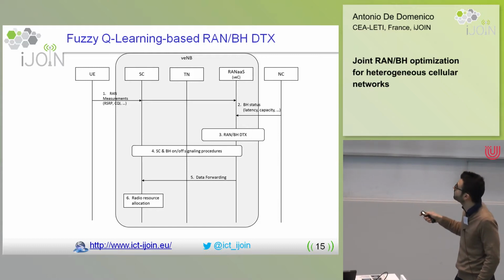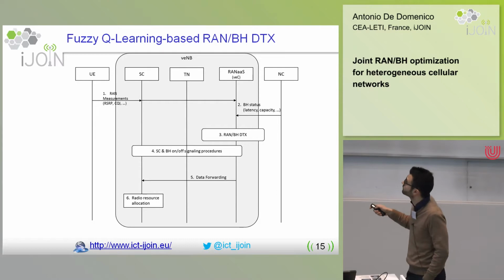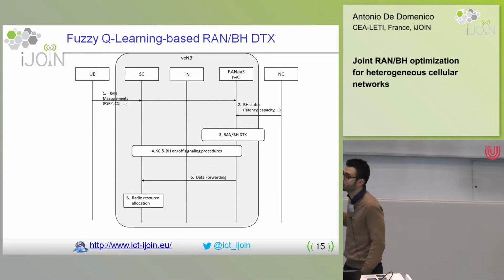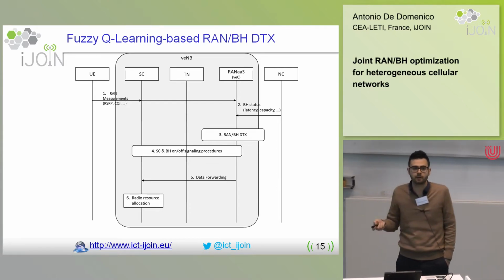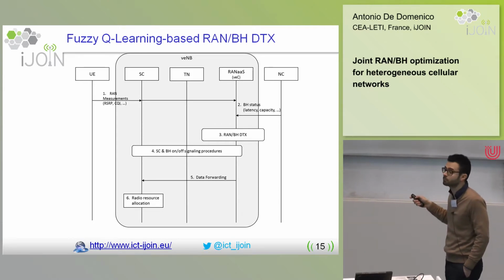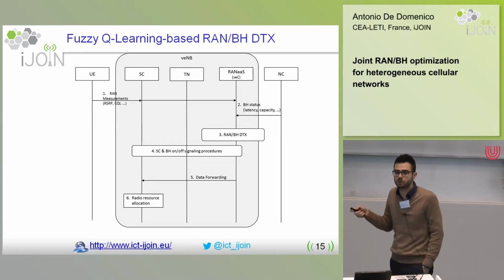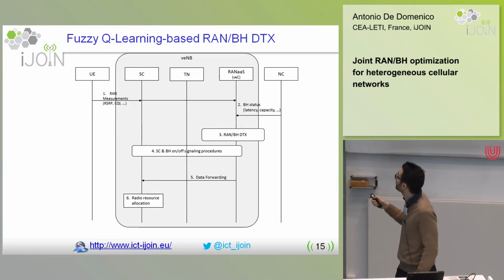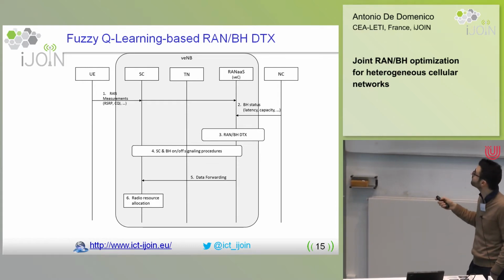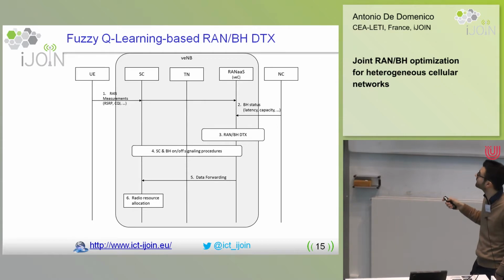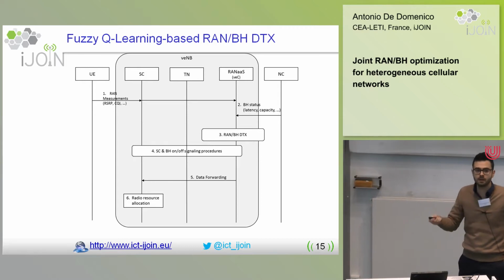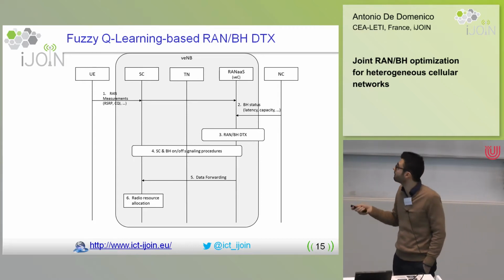This virtual eNodeB receives information from the UE concerning the RAN status, RAN measurements like SINR, reference signal received power, CQI, and so on, but also receives information from the network controller that measures the status of the backhaul, for instance, the latency of the backhaul or its capacity. This information is jointly used at the RAN as a service to take the decision about switching on and off the links concerning the RAN and the backhaul.